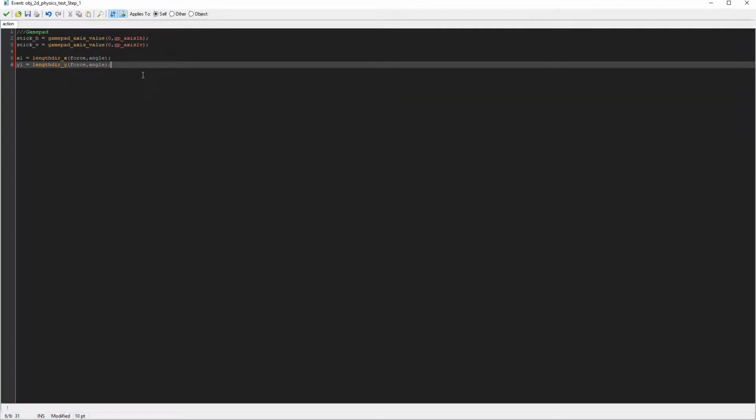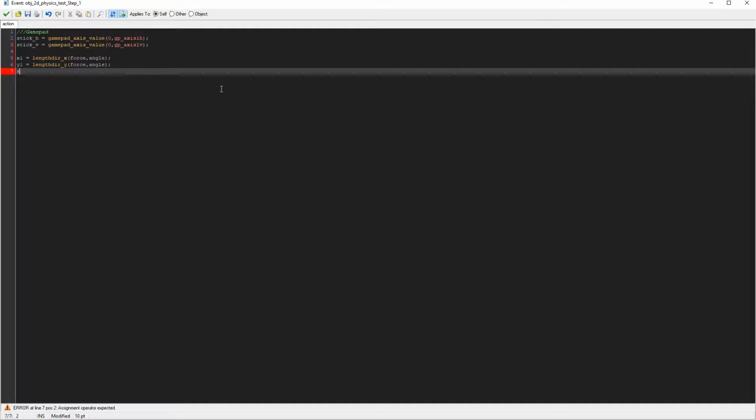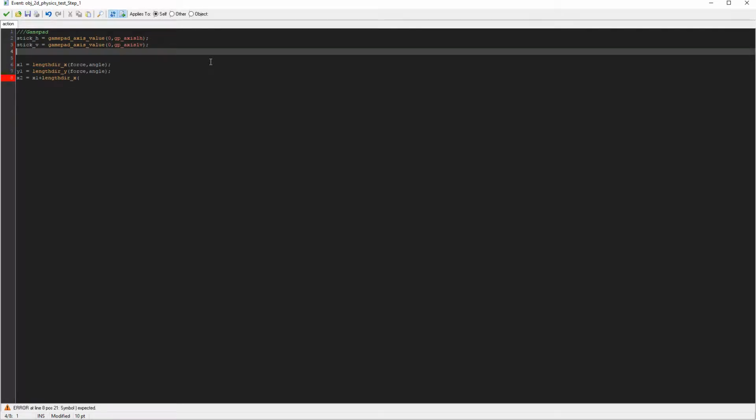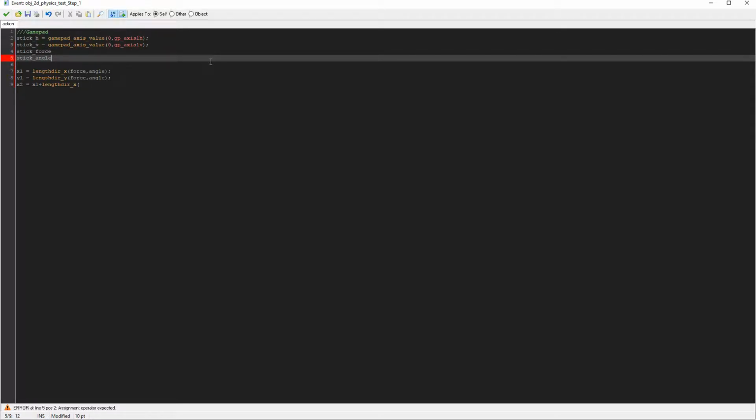So y2 equals x1 plus length dir x. Oh wait, not y2, x2 equals length dir x. Stick force, stick angle.